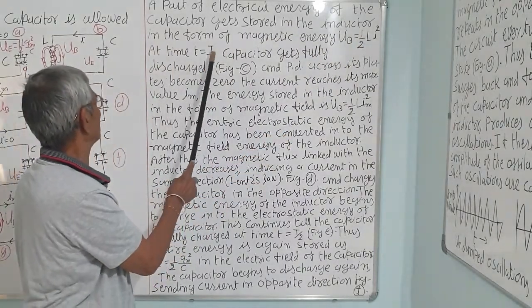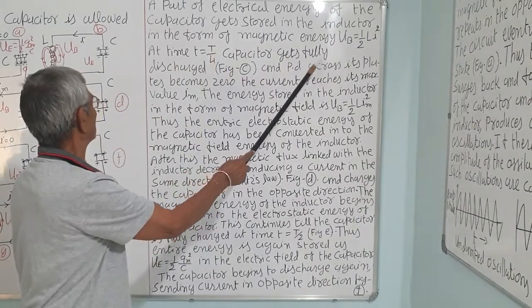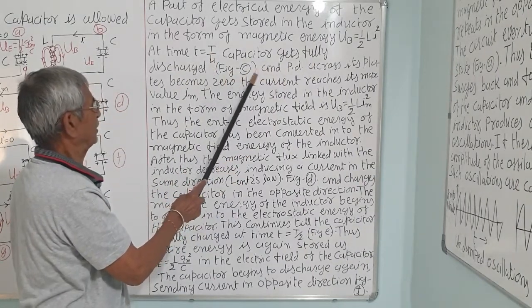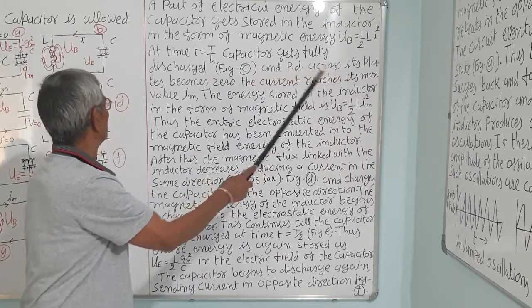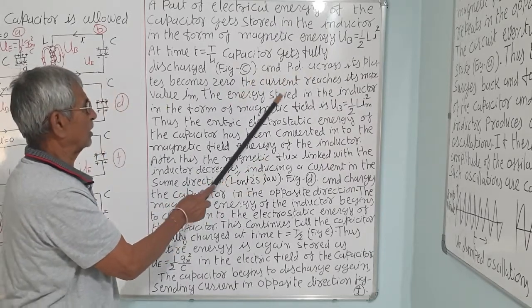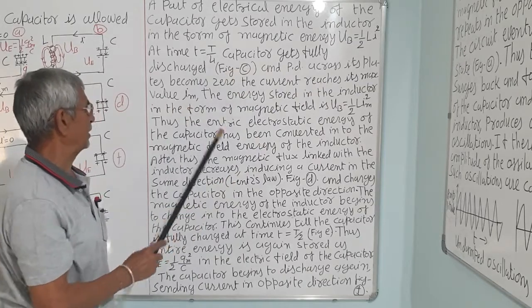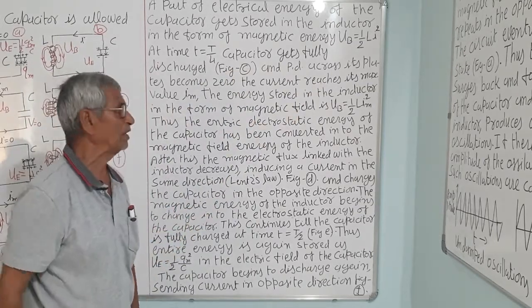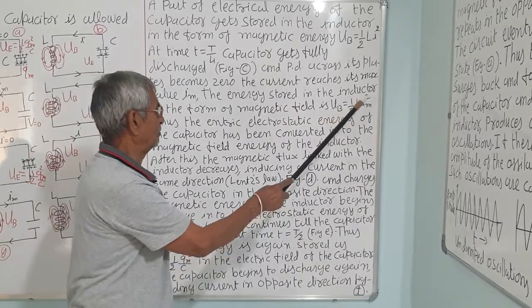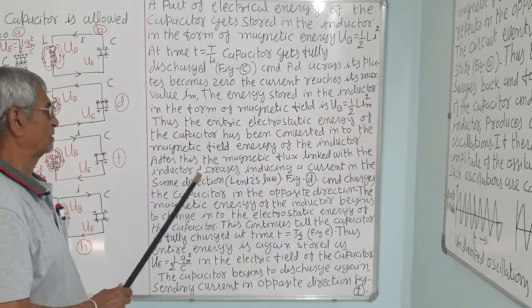At time t equal to T by 4, the capacitor gets fully discharged, the figure C, as we have already discussed, and the potential difference across its plates becomes 0. The current remains at the maximum value Im. The energy stored in the inductor in the form of magnetic field is given by UB is equal to half L Im square, as we have already discussed.